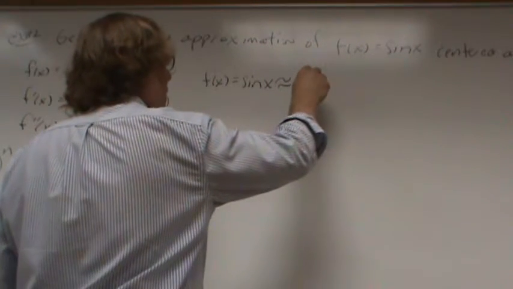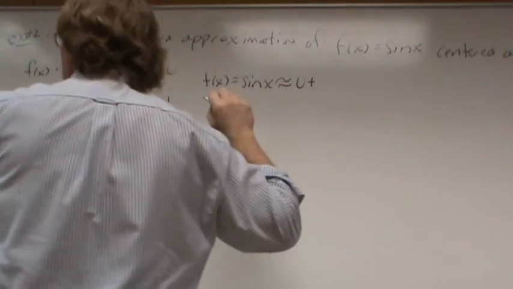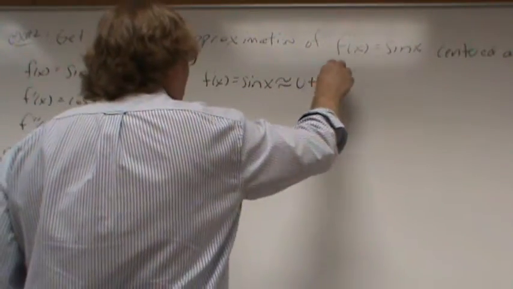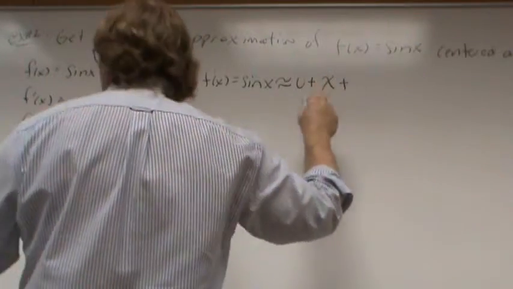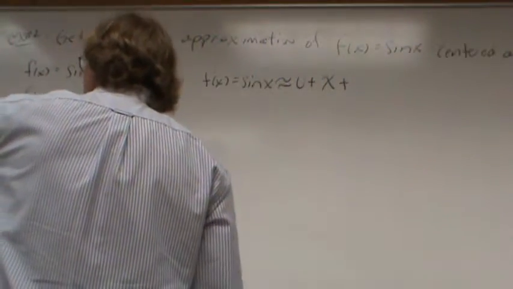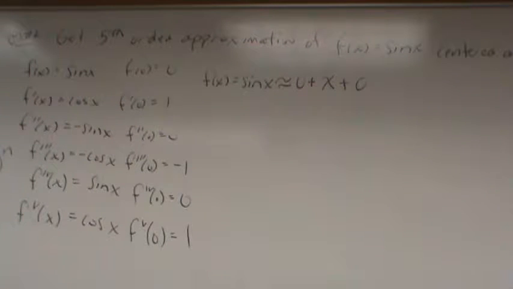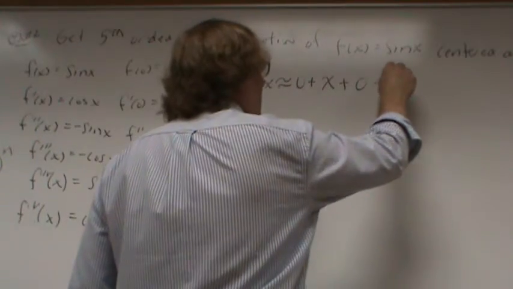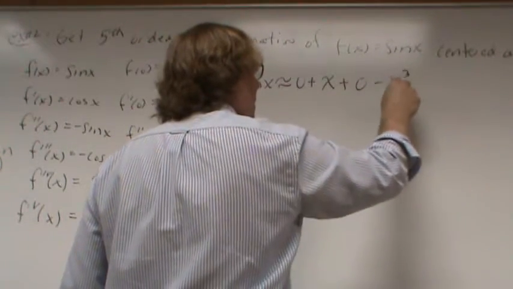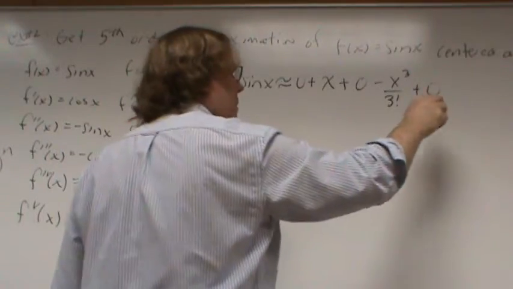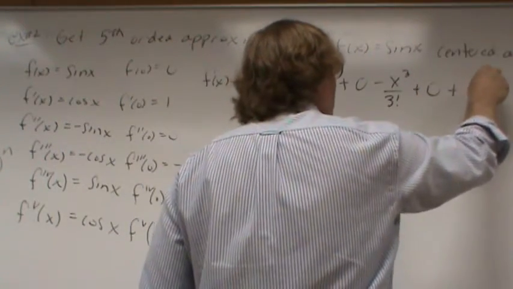So I got 0 plus, then the second term, f prime, is 1. So I got x. What's the next term? Hopefully you're getting 0, because f double prime is 0. Then the next term is negative 1. The next term is 0. And then the last term is 1.